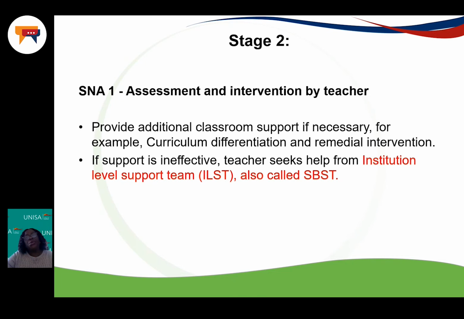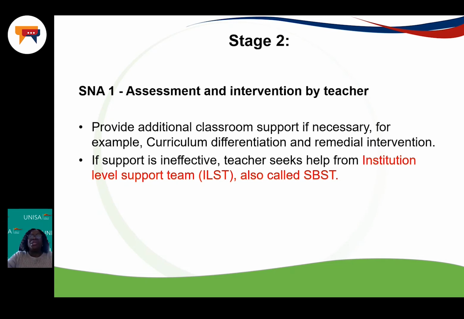Still on stage 2 of the SIAS process, support needs assessment form 1. So we look at assessment and intervention by the teacher again. The teacher should provide additional classroom support where necessary, for example, as I've already elaborated, curriculum differentiation and remedial intervention.